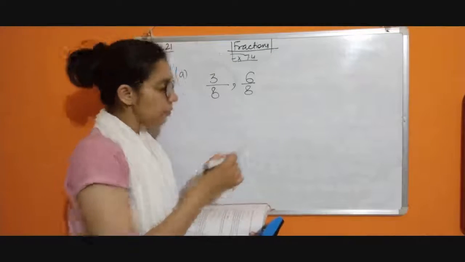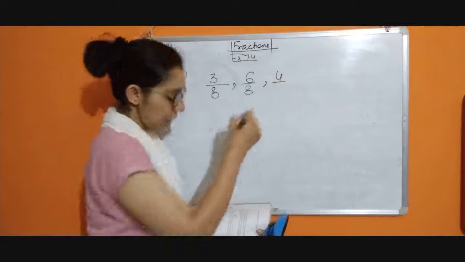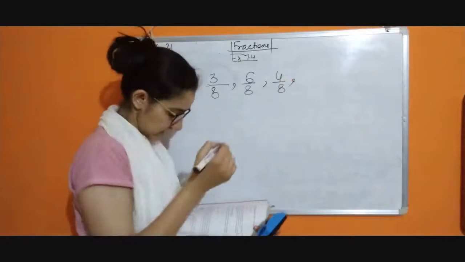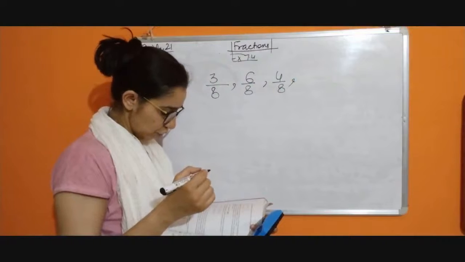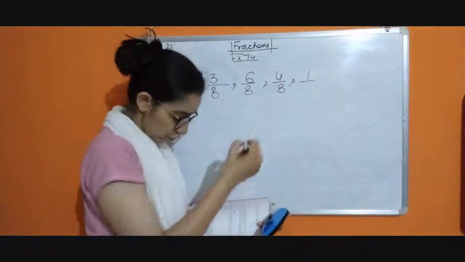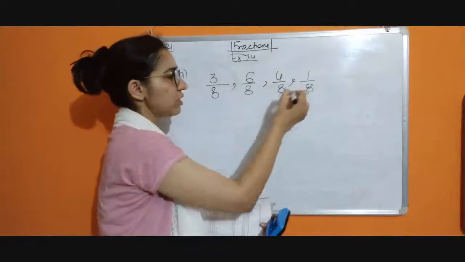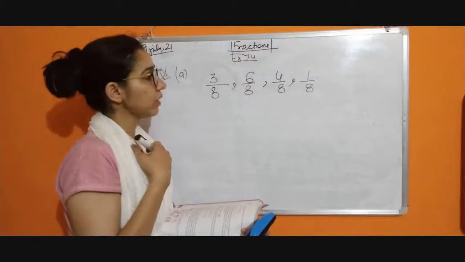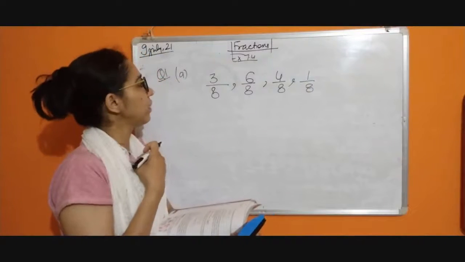Third one: shaded parts are 4 and the total number of parts are 8. So the fraction will be 4 by 8. And the last one, the fourth one of part A, is one shaded part out of total 8 parts. So this is the fraction corresponding to the given figure of part A.